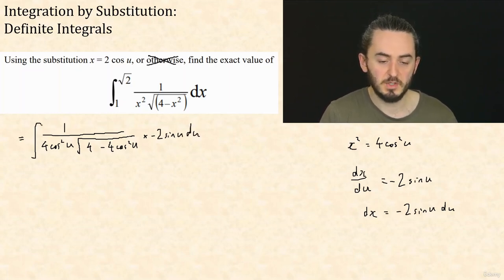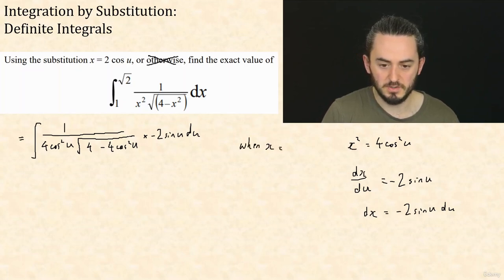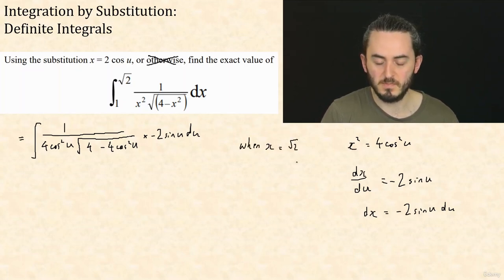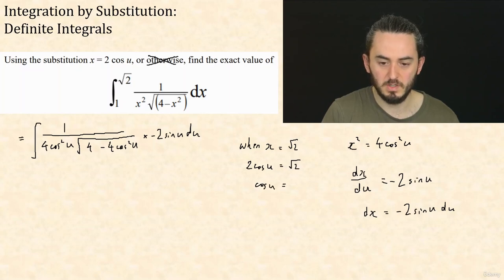Okay, now time to look at these limits. So when x was root 2, what was u? Well, I just need to solve this equation. It's going to be that 2 cos u was equal to root 2, which means that cos u was root 2 over 2.